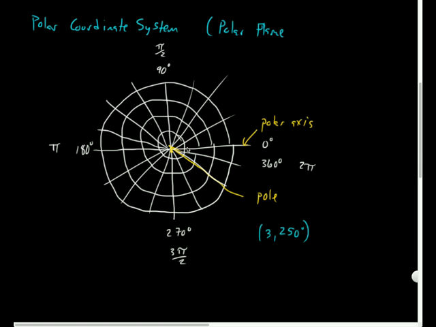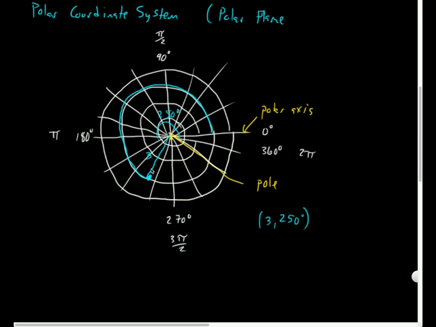I could go out to 3, 1, 2, 3, and then move around the radius 3 circle all the way to 250, which is probably somewhere around here. And there would be that point. So this is 250 degrees and a radius of 3. Or if I wanted to plot the point 2.5 at 250 degrees, then I'd have just moved out 2.5 units here, things like that.